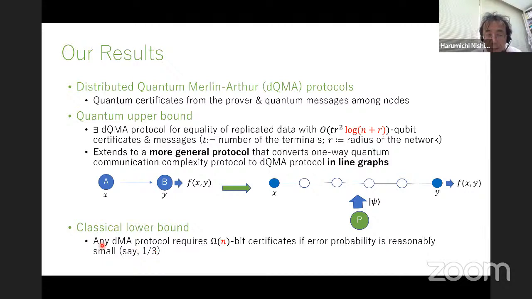On the other hand, in the classical case, any protocol requires linear-size certificates if the error probability is reasonable.